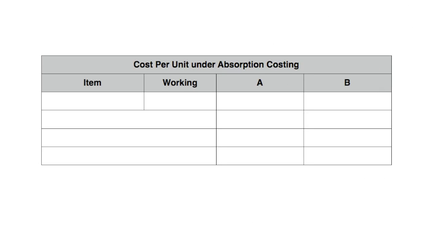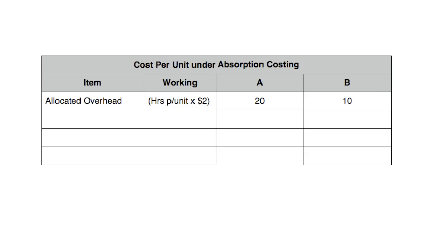Now that we have our absorption rate, we can go straight to calculating our cost per unit using absorption costing. The first thing we'll need to do is allocate out our overhead. So we'll take the number of machine hours times our absorption rate of 2. For A, we have 10 machine hours and an absorption rate of 2, which gives us 20 of allocated overhead.